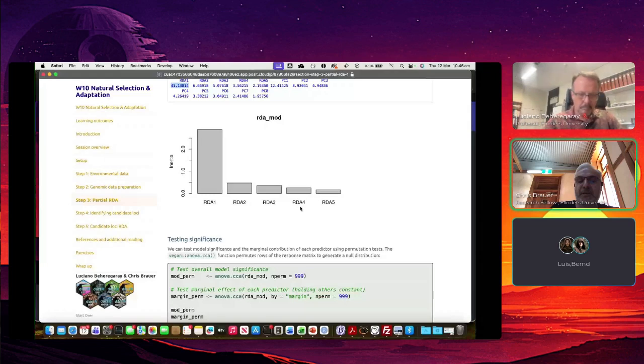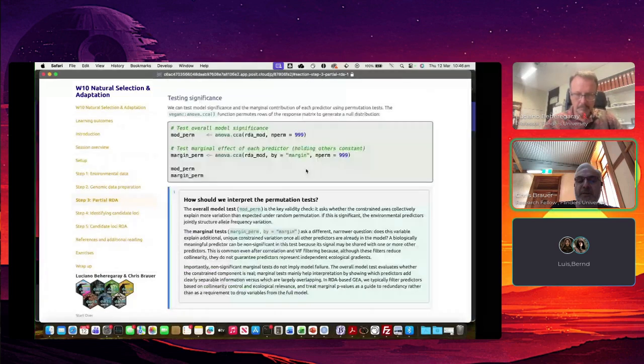The model significance, you can test the significance of the entire model, and then you can test the marginal significance of each of your predictors. So it's a way of trying to understand, in isolation, which of those environmental variables contributes independent information to that model.